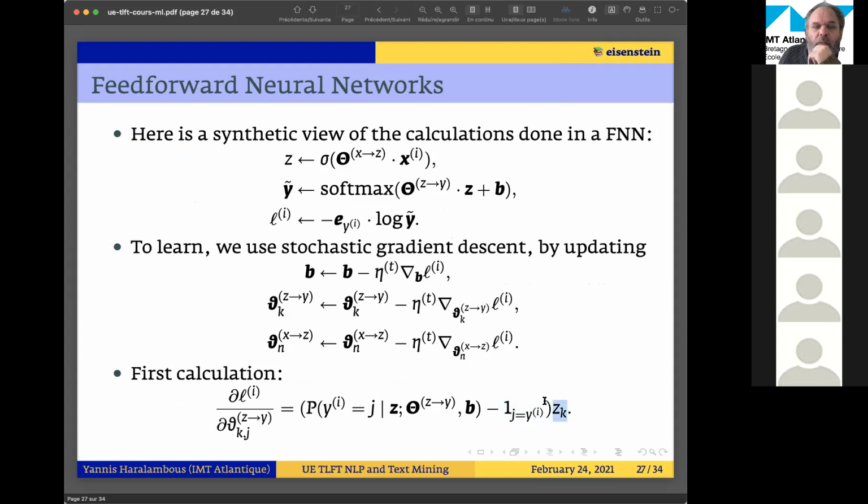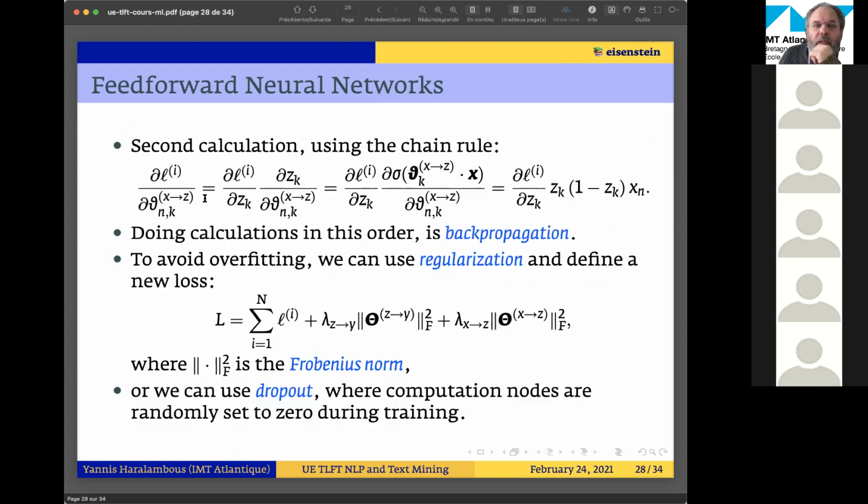Z_k. And what is Z_k? The value of the corresponding neuron on the second layer, the first on the Z layer. So I'm first doing this calculation, and then with the values obtained, I do the calculation of the first layer.